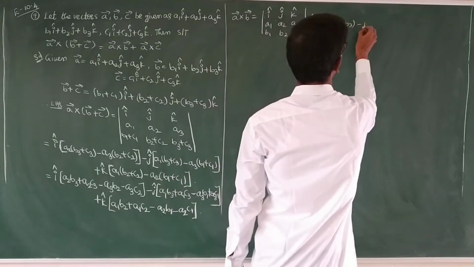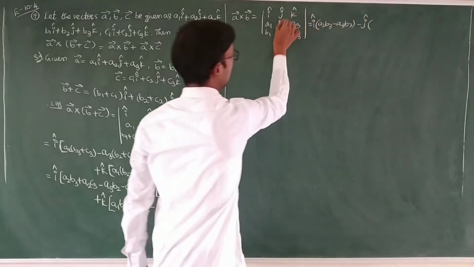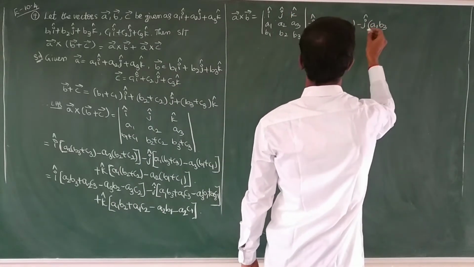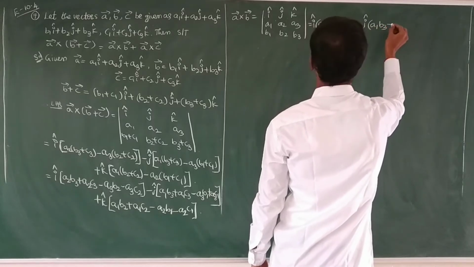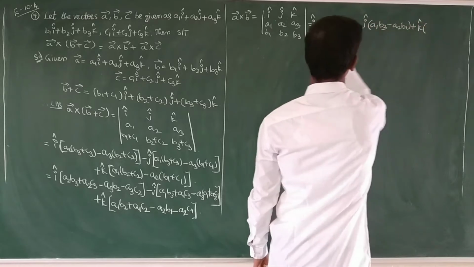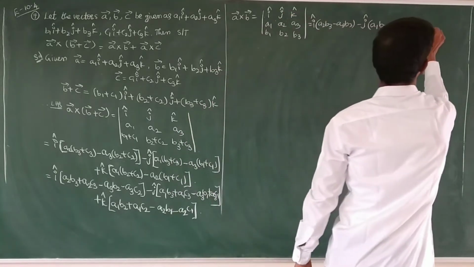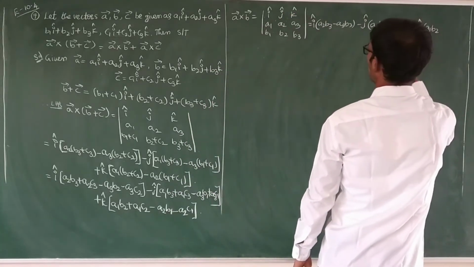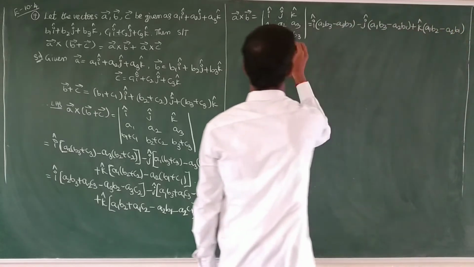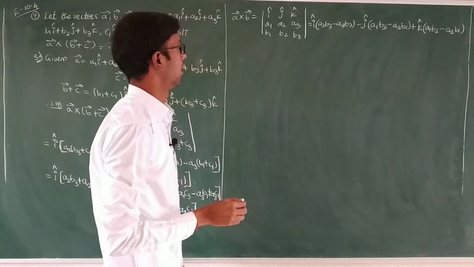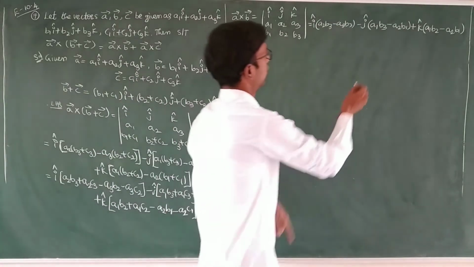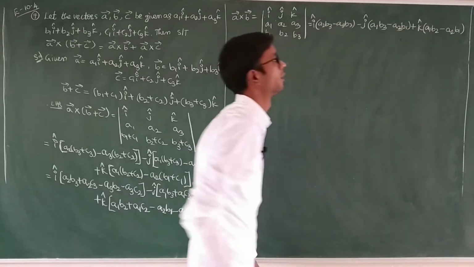Next minus j cap into A1 B3 minus A3 B1, plus k cap into A1 B2 minus A2 B1.